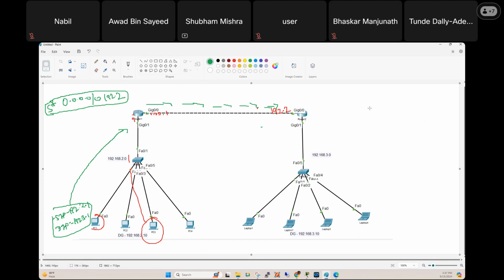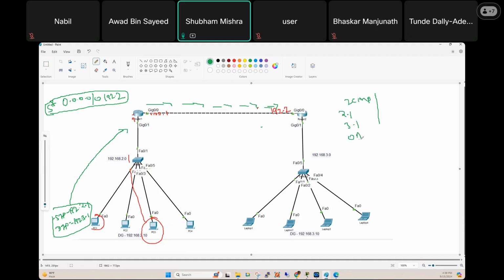When this router receives the ICMP packet, what is the source IP address in it? 2.1. The destination is 3.1. The source MAC will be this PC1 MAC address, right?